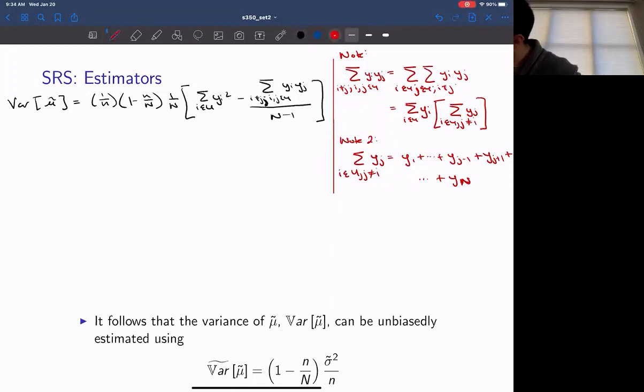Okay, and then this summation here, we can show that this is equivalent to the sum across j in u of yj minus yi, which is n mu minus yi.